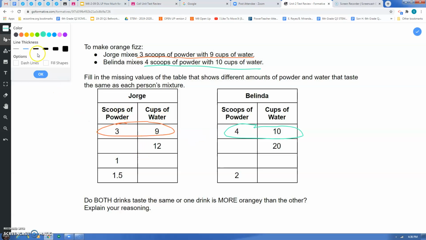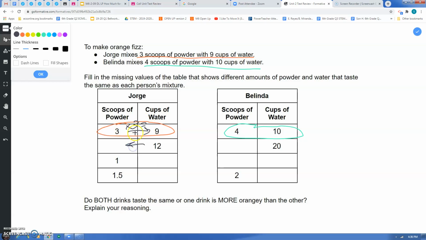All right, so if you do the math, are they the same taste? So just do the quick math that you can see here. So from here to here, the easy way again is going from left to right. So from left to right, what do you multiply by? So multiply by 3. So 3 times 3 is 9. So if that's the case, remember, if you go reverse, then you divide.